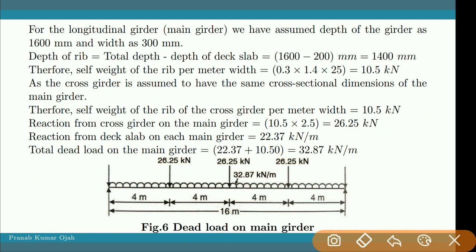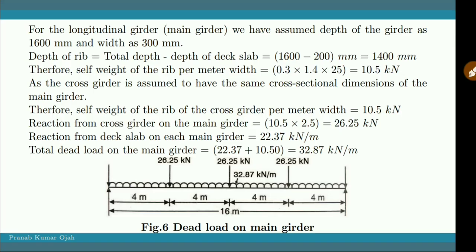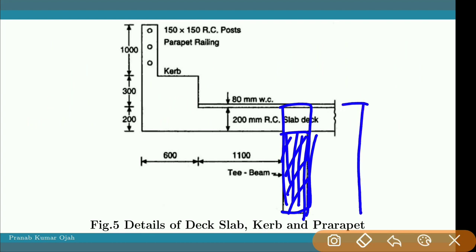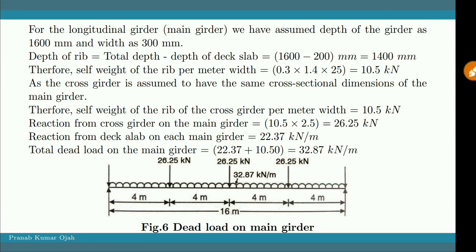Already we have assumed the depth is 1600 mm and the width is 300 mm for the longitudinal girder. So now the depth of the rib. See, if it is the main girder, this portion is called rib below the slab. That means if the total depth is 1600, if you subtract the depth of the deck slab, we will get the depth of the rib.